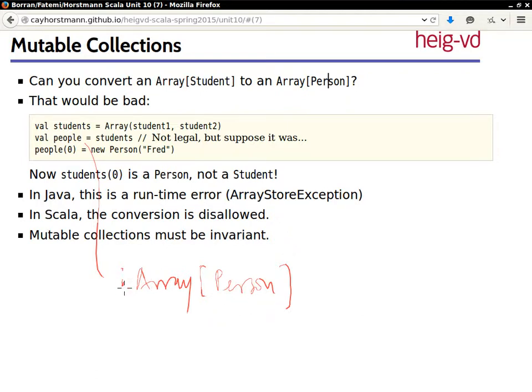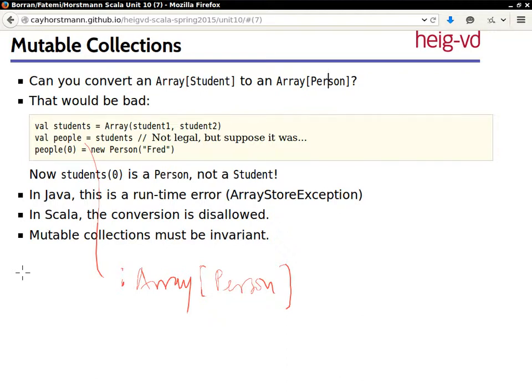And now look at the third line where it says people(0) is new Person Fred. Will it compile? Well, sure it'll compile because the type of people is array of person, and it is perfectly legal to store a person into an array of person.